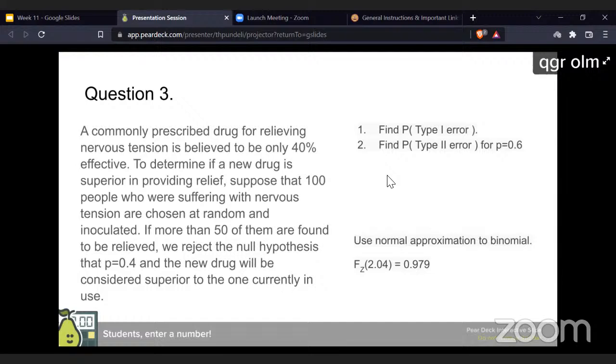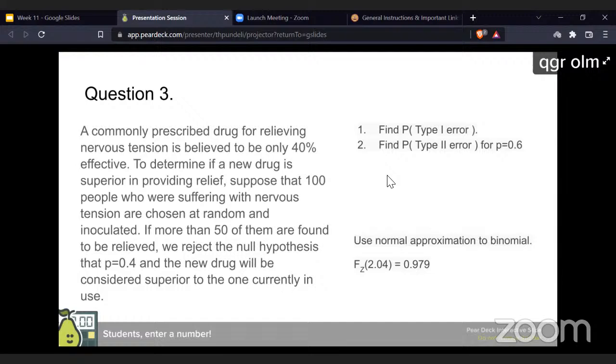Ma'am, I also got confused by that statement. If more than 50 of them are found to be relieved, we reject the null hypothesis. It means the alternate is correct. No. If you try to define your test, it will become reject null if x bar is less than c, some critical value, correct?